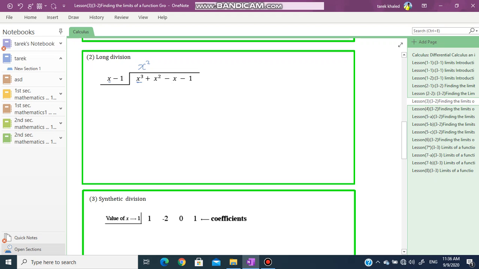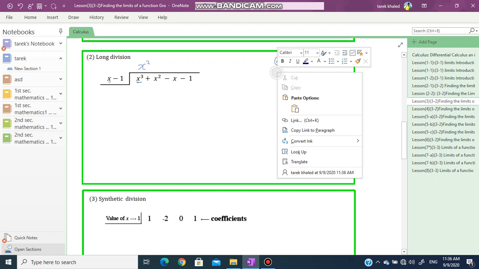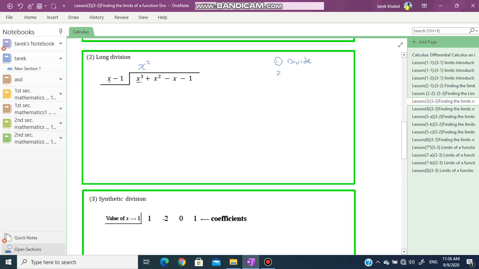So the first step, divide the first term with the first term: x power 2. You will multiply x power 2 with x and negative 1. So the second step, multiply. x power 2 times x will be x power 3. x power 2 times negative 1 will be negative x power 2.